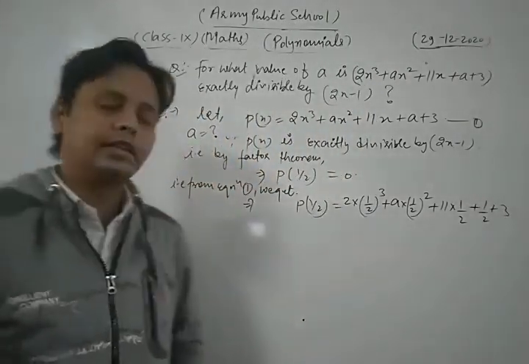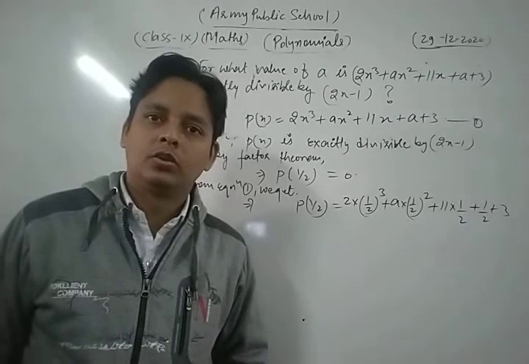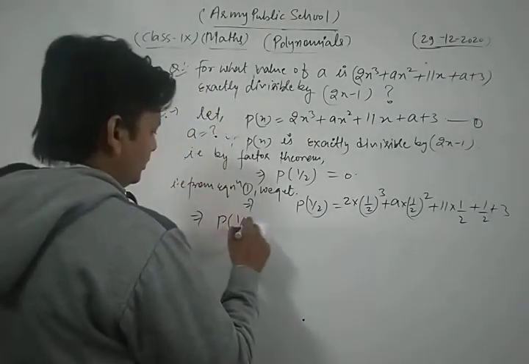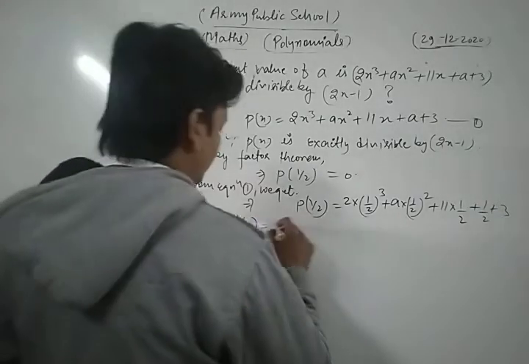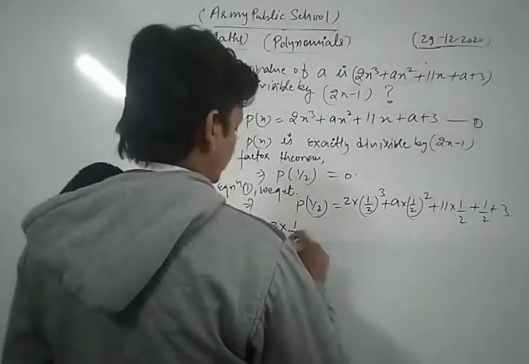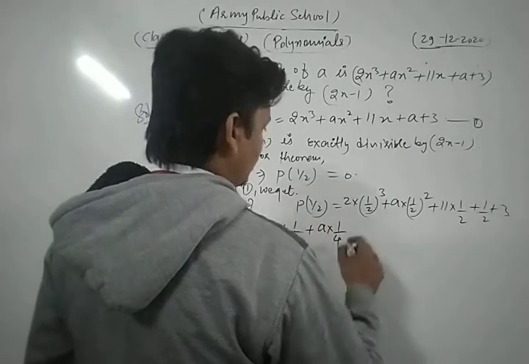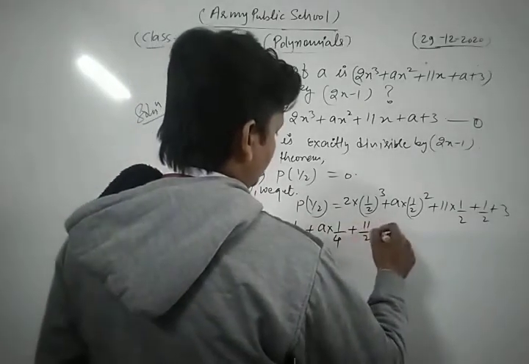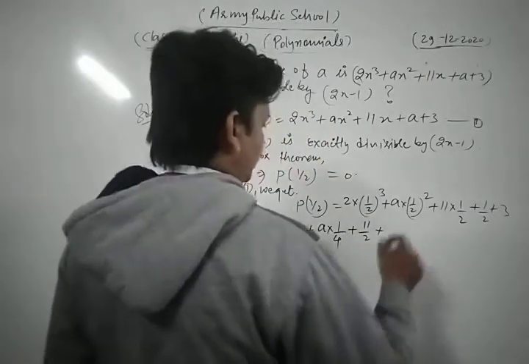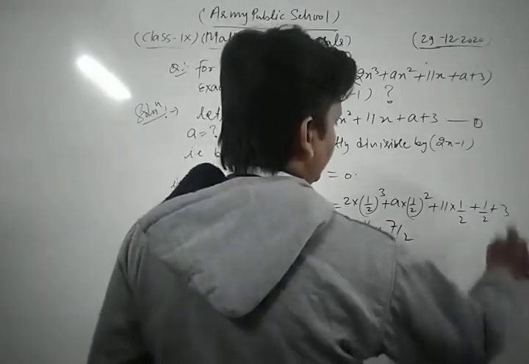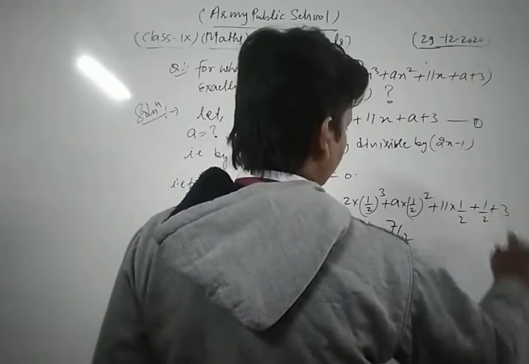Simplifying, this is 2 into 1 upon 8 plus a into 1 upon 4 plus 11 by 2 plus a by 2 plus 3.